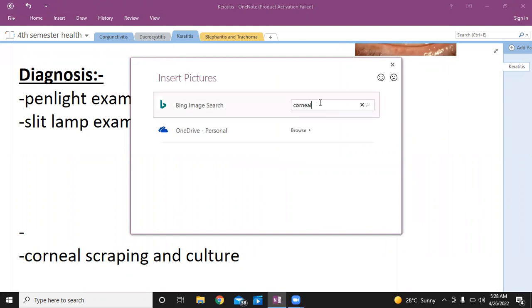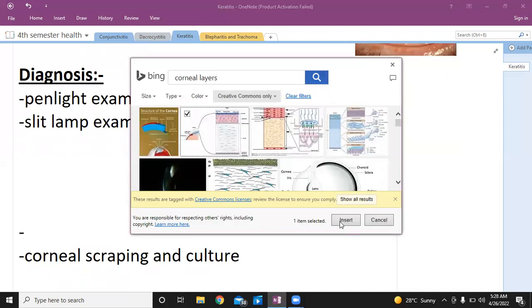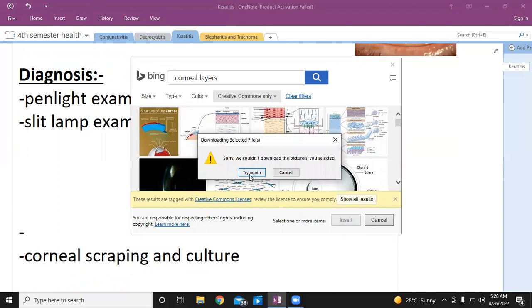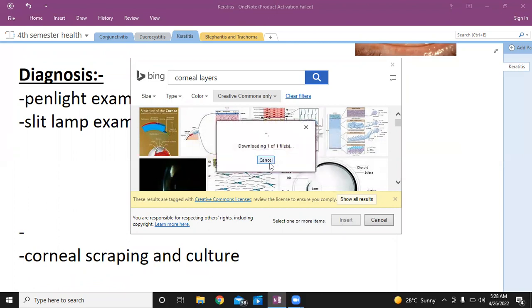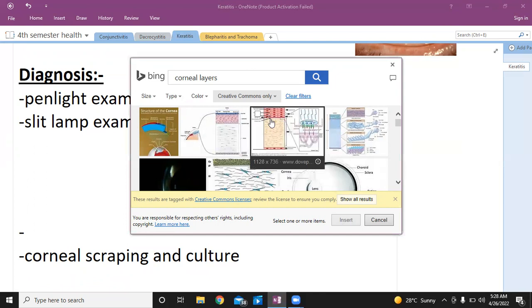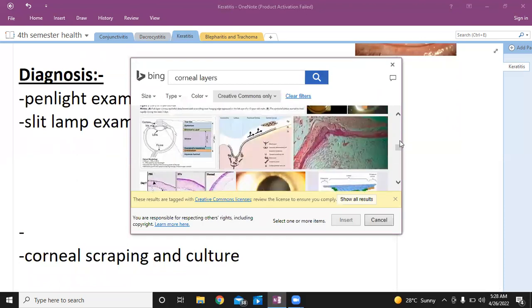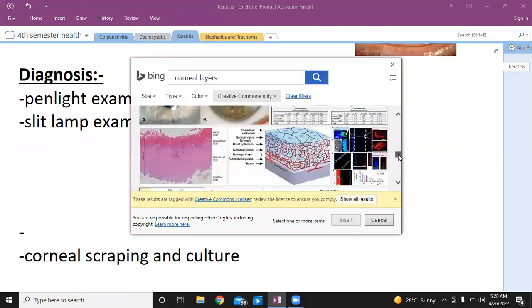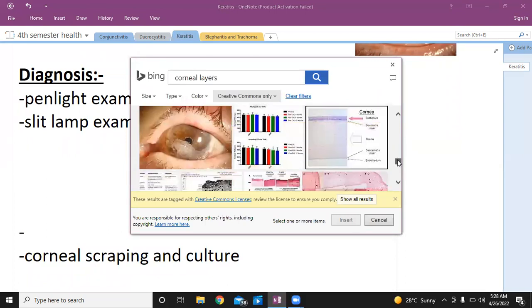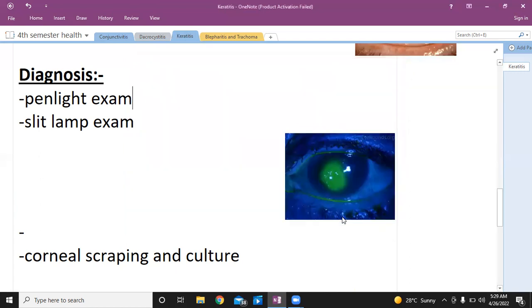So these are the corneal layers. Inside the corneal layers, there are layers. If I can download it, that would be helpful.